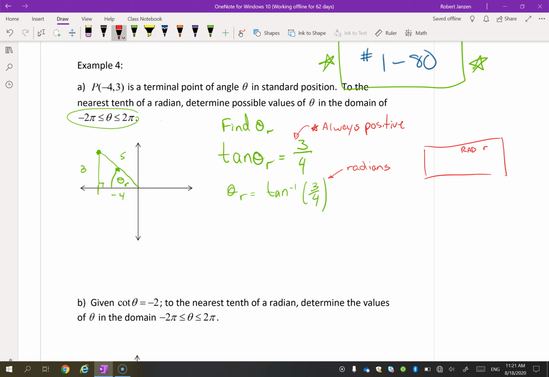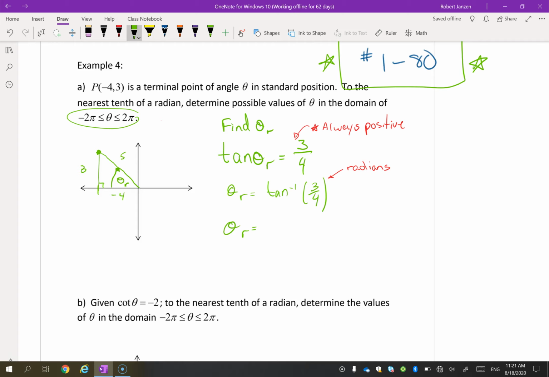You're going to have to figure out where that is in your calculator. Every calculator is different. If you can't find it, you have a couple options. You can Google search your particular calculator and say, how do I change to radians? Or you can bring it into class whenever we have class, and I'll help you with that.